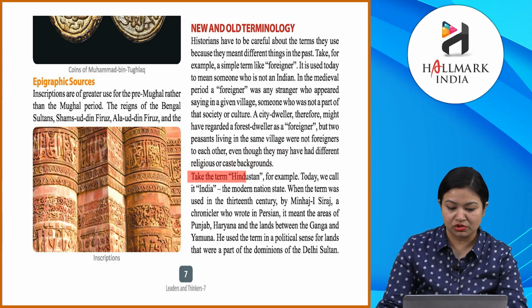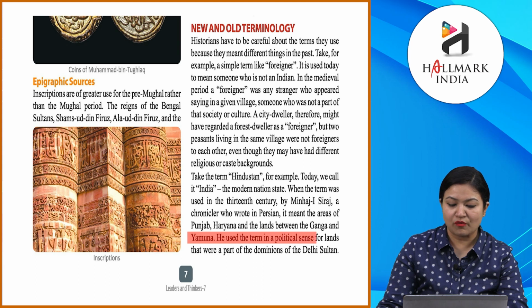Take the term Hindustan, for example. Today we call it India, the modern nation state. When the term was used in the 13th century by Minhaj-e-Siraj, a chronicler who wrote in Persian, it meant the areas of Punjab, Haryana, and the lands between the Ganga and Yamuna. He used the term in a political sense for lands that were a part of the domination of the Delhi Sultanate.